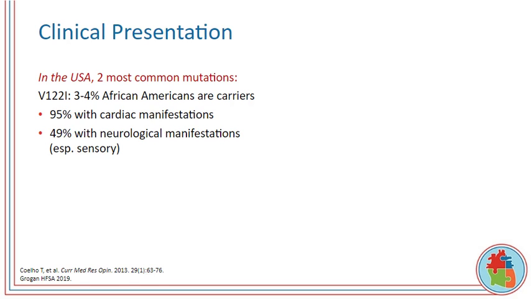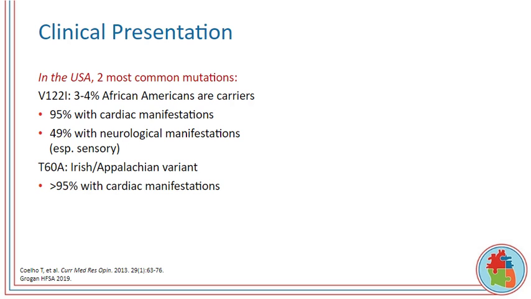Another important variant in the United States is the Irish or Appalachian variant, T60A. And again, most of those have significant cardiac manifestations, but a higher percentage have neurologic, especially autonomic dysfunction and gastrointestinal abnormalities.